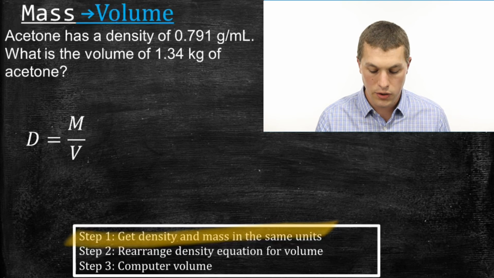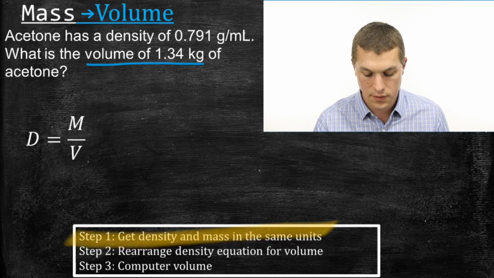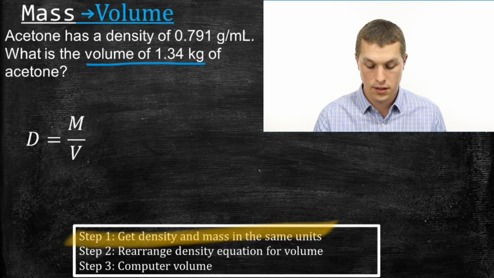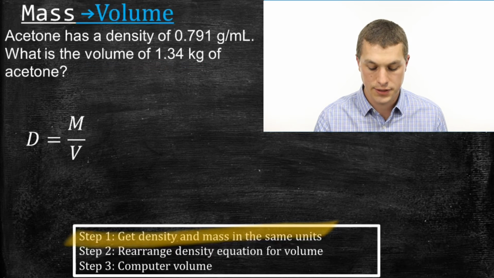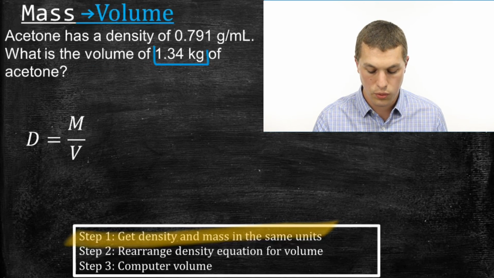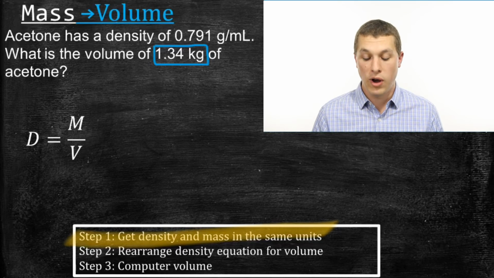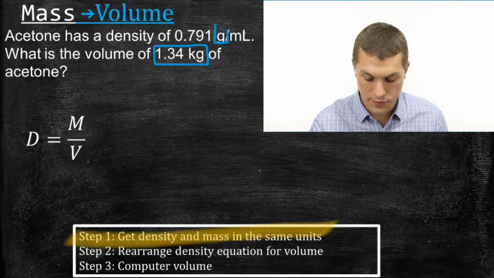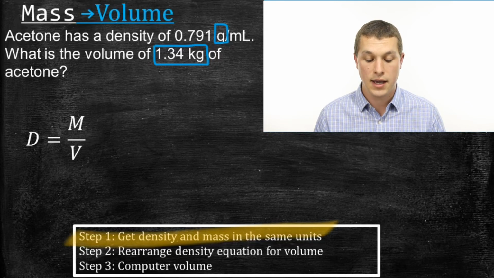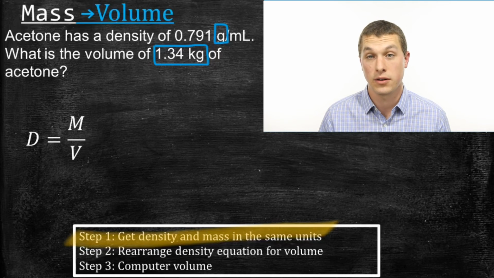And we see here that our mass is in kilograms, 1.34 kilograms. Meanwhile, our density has the units of grams. So the first thing we're going to want to do is take our mass, which is in kilograms, to grams.